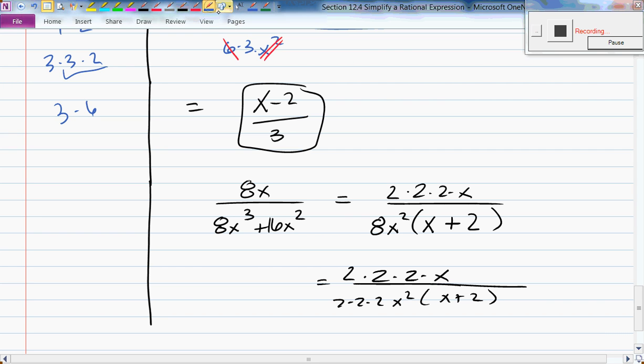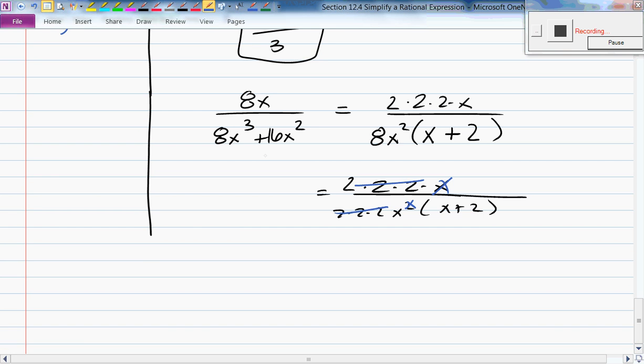Yeah, all the 2's can cancel out, right? What else can cancel out? Yes, this x and one of those x's down there. Very good, because I have 2 of them. So that gives me 1 on the top. 1, awesome. On the bottom, it gives me x over x plus 2.